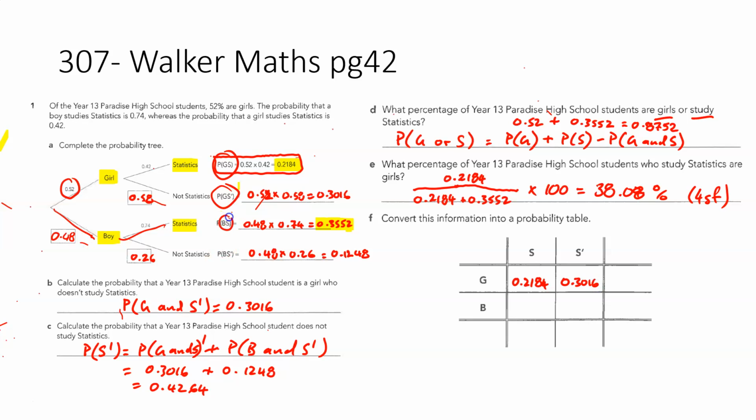And we've got BS, 0.3552. And the last one, B and the complement of S, or not statistics, 0.1248. That's really just showing how the tree is linked together with the probability table.